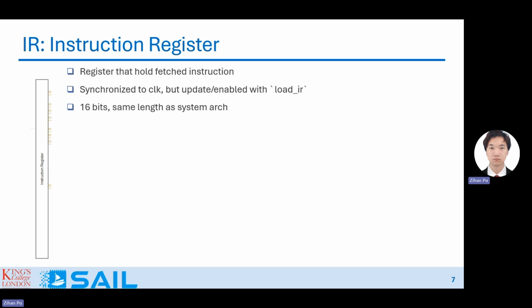Basically, the instruction register is a register that holds the fetched instruction. It is synchronized to the clock, but it is updated, or say enabled, with a signal called load IR. IR refers to instruction register. It's a 16-bit register, which is the same length as the system architecture.